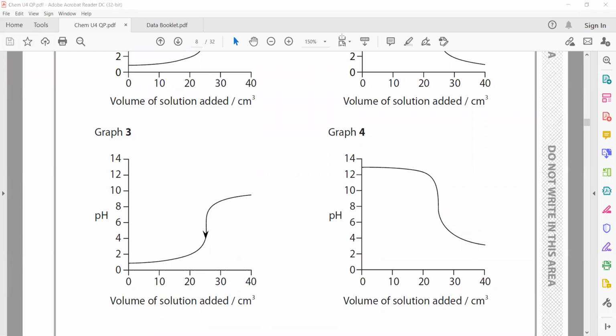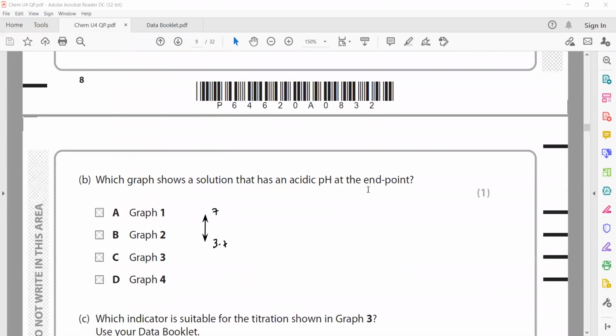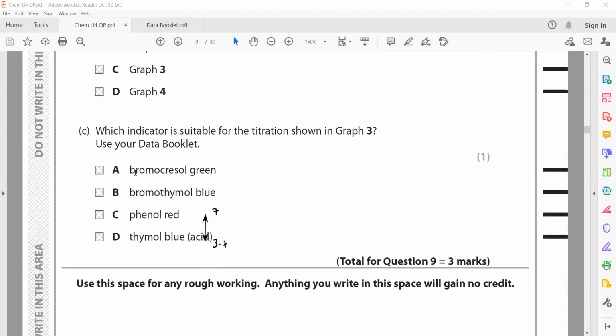When we check this vertical portion, it is approximately from around 3.7 or 3.8 to 7. So which indicator, from the options given to us? We have to use the data booklet.